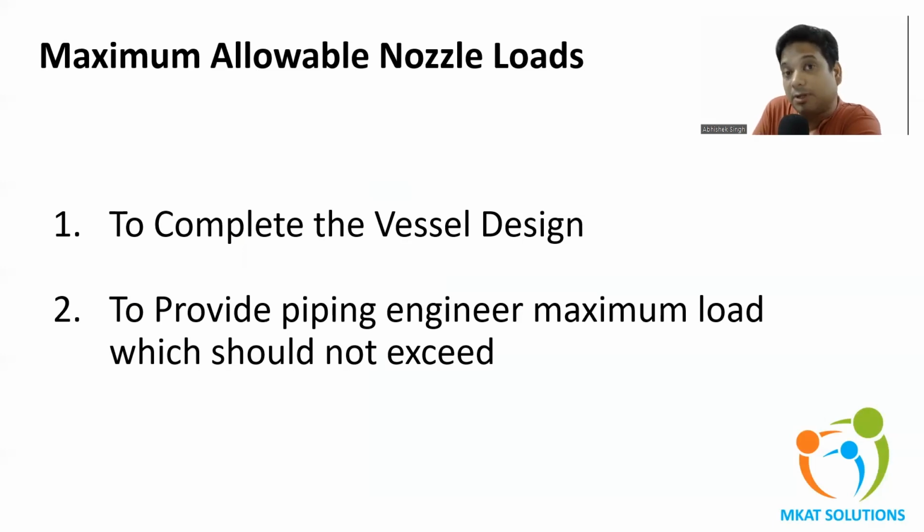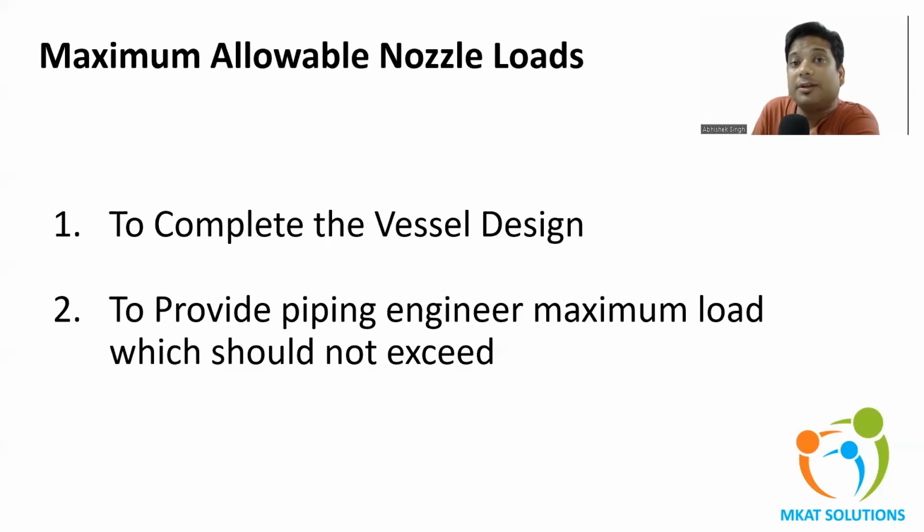We have to complete it and give it to the vessel fabricator so that he can perform the final fabrication. Second, the final loading which we have decided, which we are calling the maximum allowable nozzle load, we give to the piping department. That is the second output which we give.